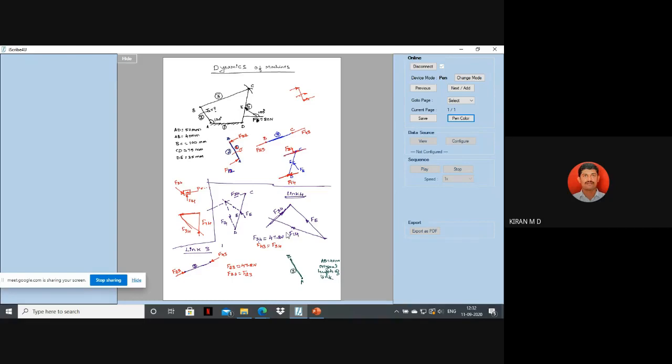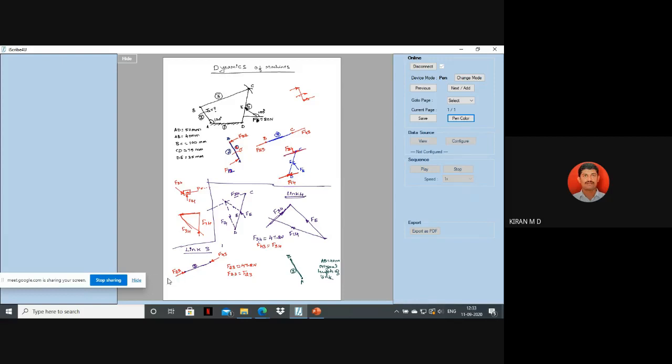This is link 2. It will undergo the force from link 3 and link 1, meaning from the previous link and the next link the force will act. From link 3, what is the force? It is F32, which acts on link 2. The direction is opposite to F23.